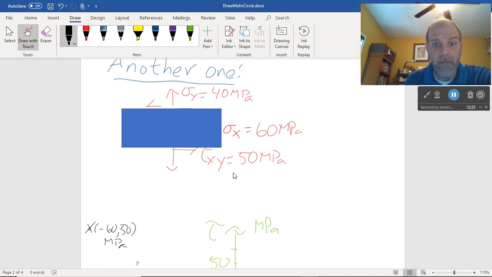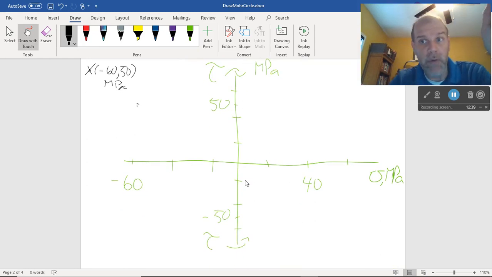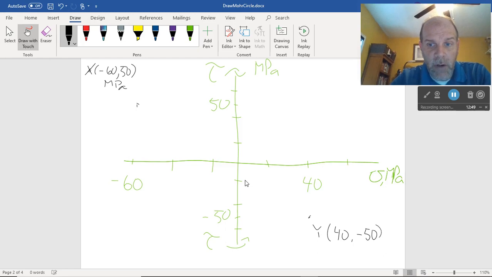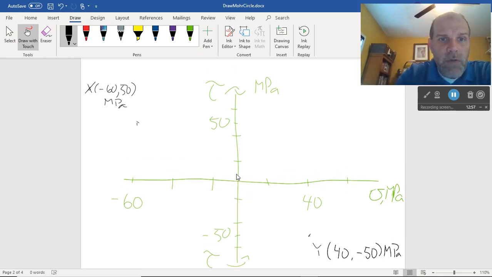So this is why I have to plot the counterclockwise below the axis shear stress point with y, because y faces have a couple that is in the counterclockwise direction, and we said we plot that below the axis. That's all.